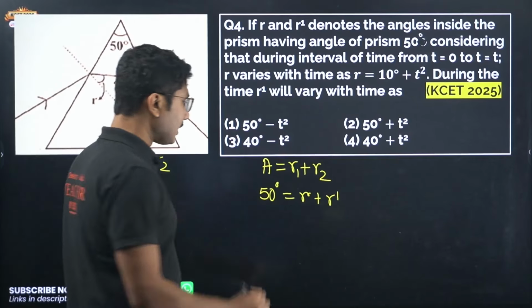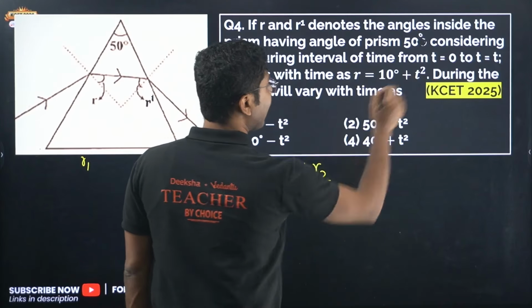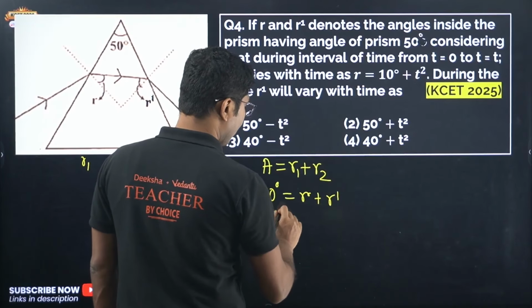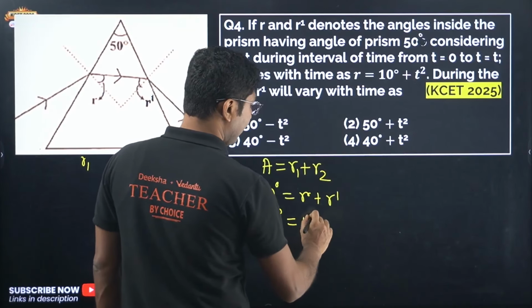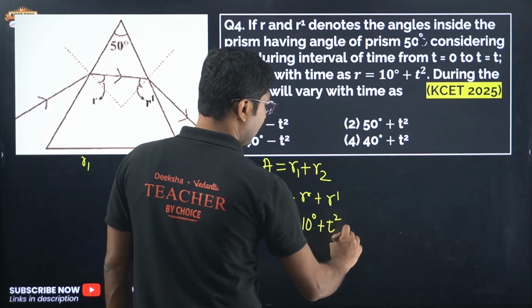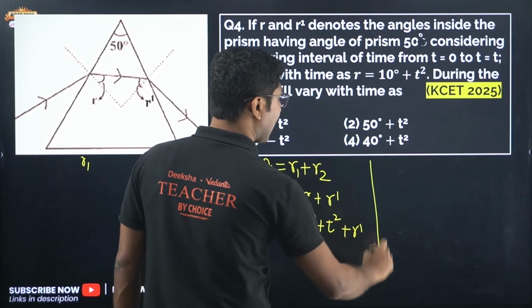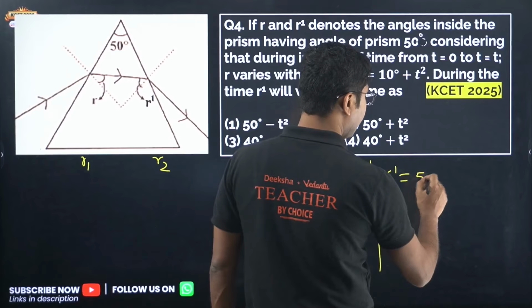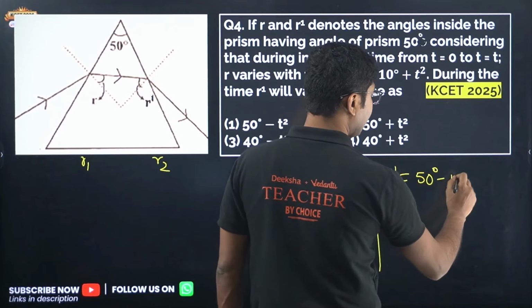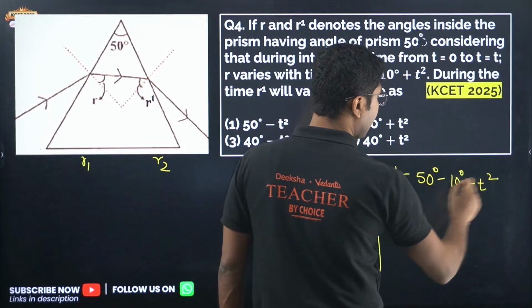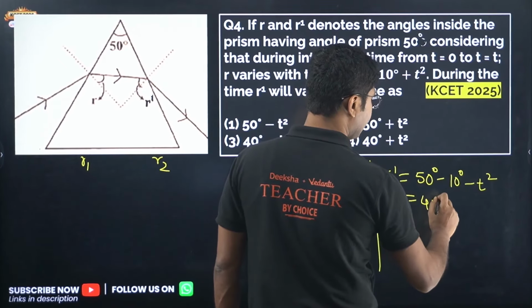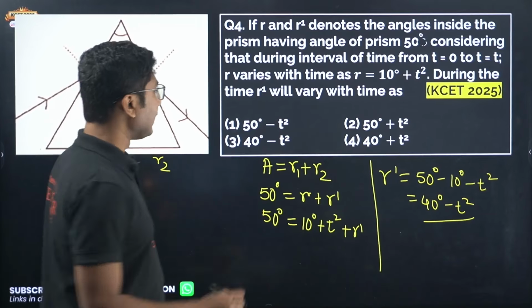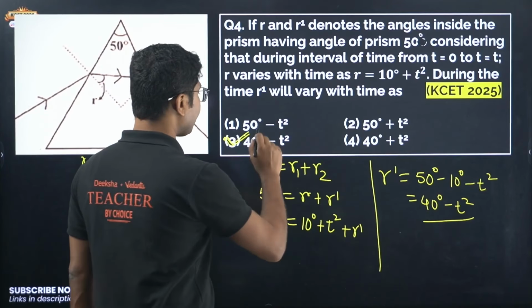Further, this r is given as 10 degrees plus t square. So 50 degrees equals 10 degrees plus t square plus r1. Now you can calculate r1, which will be 50 degrees minus 10 degrees minus t square, that is 40 degrees minus t square. So the correct answer is 40 degrees minus t square, that is option 3.